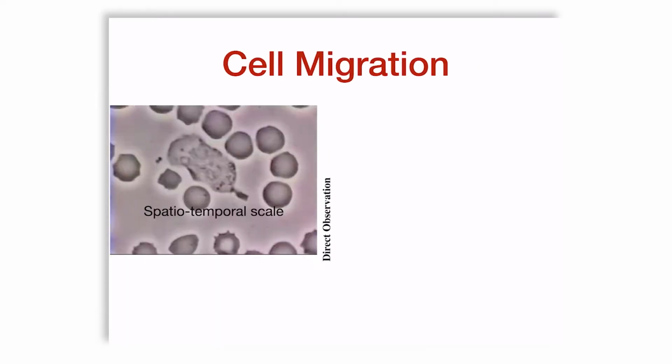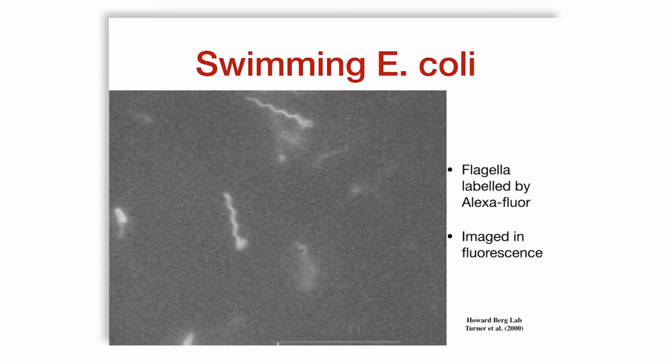What you're looking at here are bacteria moving in a movie that is taken from Howard Berg's lab. Howard Berg is a pioneer in bacterial biophysics. He developed microscopy methods to image single E. coli cells.